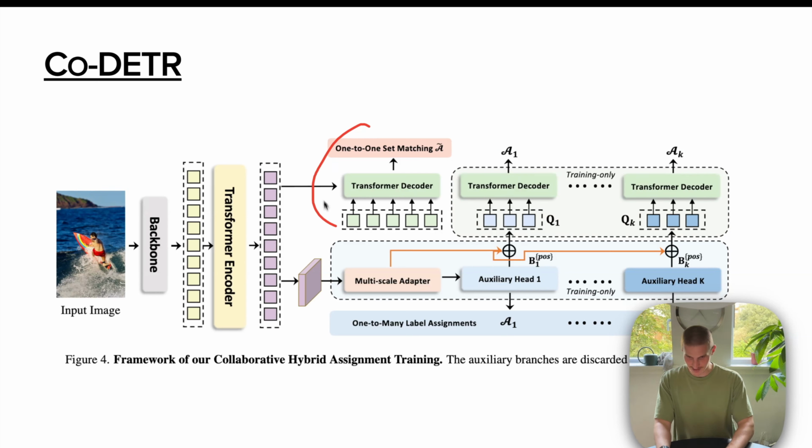In this task, we have some proposals for the bounding boxes, for the classes that are encoded in this query embedding and reference points and so on. And then we ask it to take these initial crude proposals and predict the actual bounding box coordinates, to get a better estimation of where the objects are.